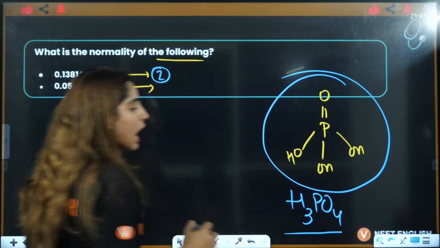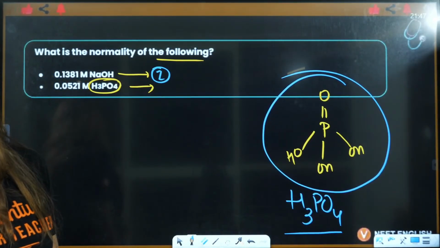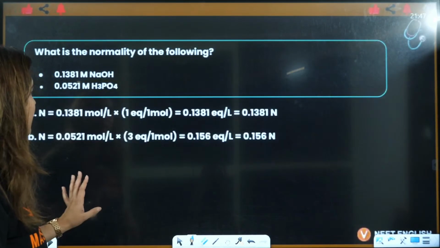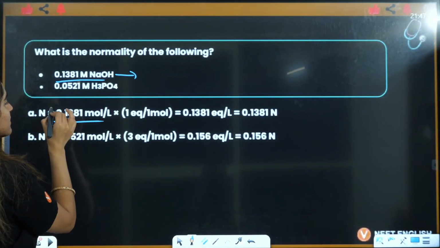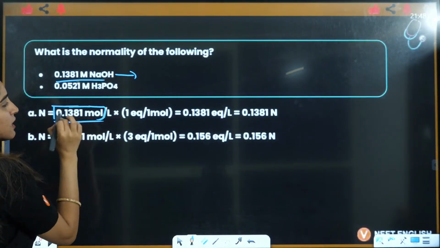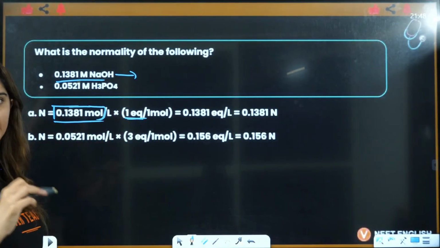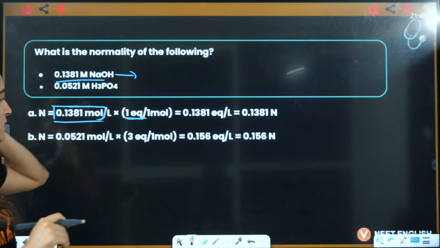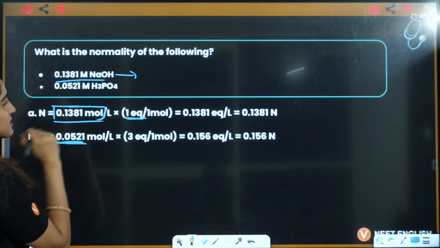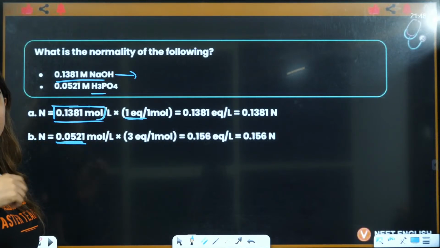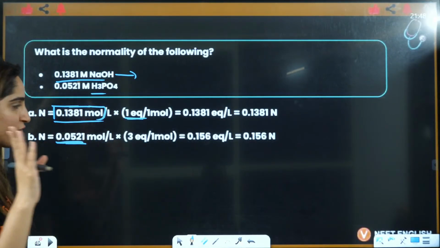How many H positive can be released here, right? So in this case, the n factor is going to be 1, right? So this is this value multiplied by 1, that is the n factor. That will be your answer, right? This is the molarity in the B case. And how many H positive are being released here? 3 OH you have here, right?